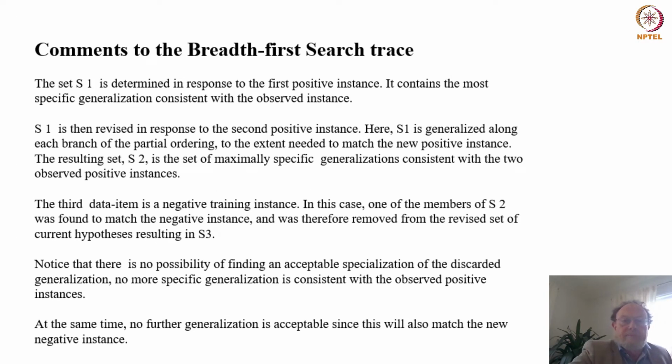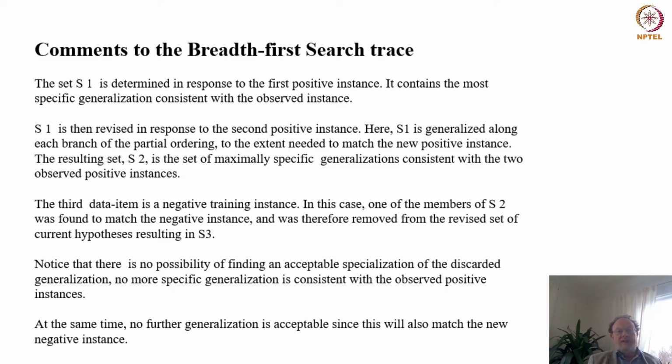Then in the next step, we need to revise S1 in response to the second positive instance. Here, S1 is generalized along each branch of the partial ordering to the extent needed to match the new positive instance.